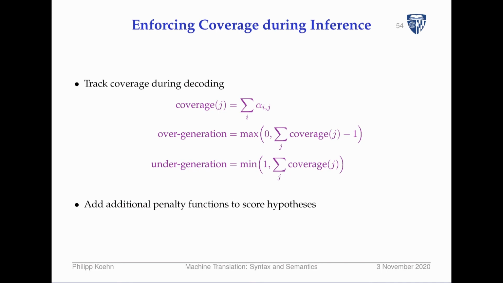During decoding, during inference, we can keep track of the coverage as we did in the previous slide illustration. Then we can see how much overgeneration and undergeneration happens, and add a penalty function to score hypotheses. So you discount hypotheses that either overgenerate or undergenerate.